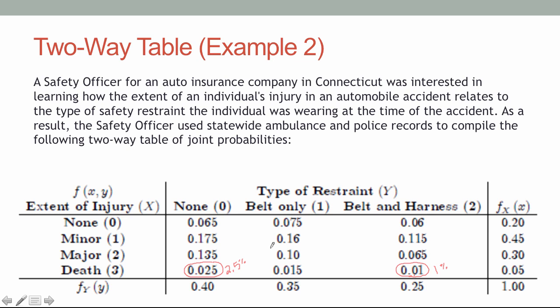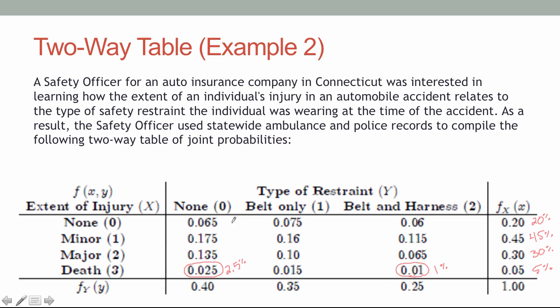Now you can also compare and say, okay, out of the total population, 20% of them had no injuries. 45% had a minor injury. 30% of the population had a major injury, and 5% of the population actually died. Notice it's not related to seatbelts and harnesses or anything. It's just out of the people that surveyed, here's the population.